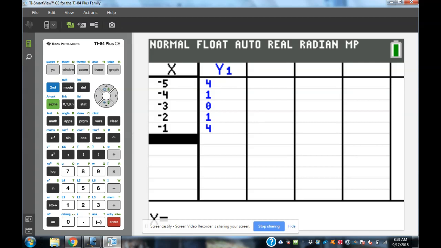So how do you remove all the numbers below that? Second graph. Now you're going to type in those values, -5, -4. Don't worry about it.